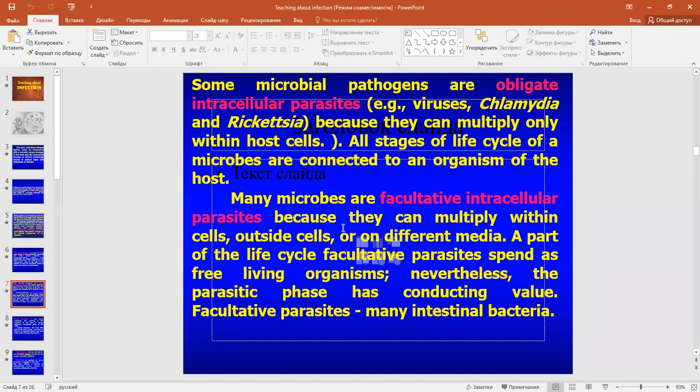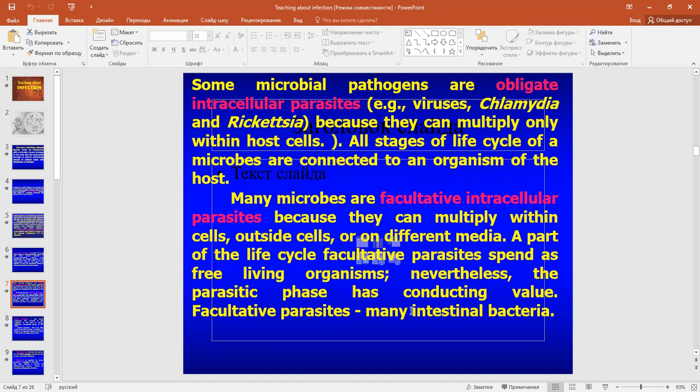Many microbes are facultative intracellular parasites because they can multiply within cells, outside cells, or on different media. It doesn't matter for them whether they are outside the human cell or inside. For part of the life cycle, facultative parasites spend time as free living organisms. Nevertheless, the parasitic phase has considerable value.